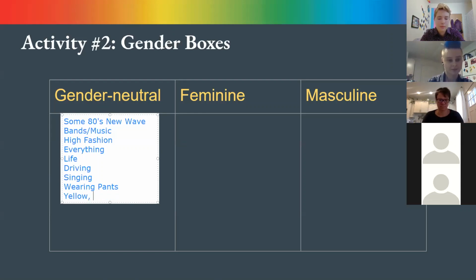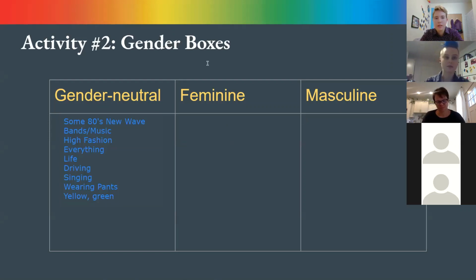We got a lot. What about, okay, it looks like somebody put something for masculine, so we can go to the masculine category first. Gamers and YouTubers are considered to be more masculine, potentially.